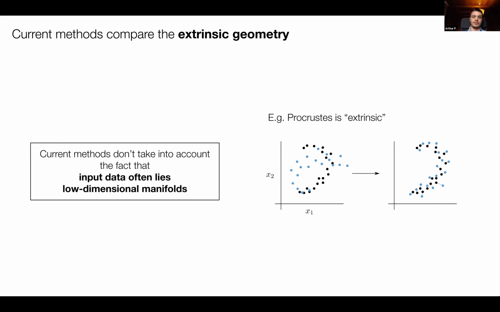As we've seen at the beginning, it is often the case that the extrinsic geometry of neural representations is not the best characterization of the computations performed by a network. Oftentimes, it is the intrinsic geometry that is more insightful. So we want to define a similarity metric that is aware of the intrinsic geometry of the manifold.